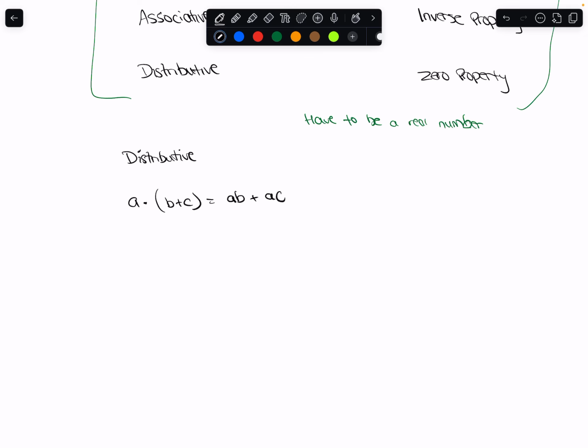Simply by taking the A on the outside and multiplying it to each one of them separately. I keep the sign in between, so this plus sign stays in between, but the multiplication is taking place for each one. This can also be written in this notation as well. This is the same way, because I'm still doing AB plus AC. Same thing.